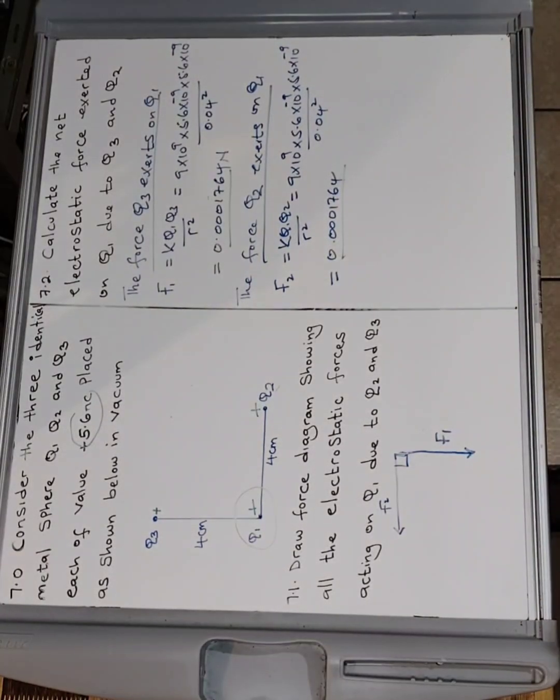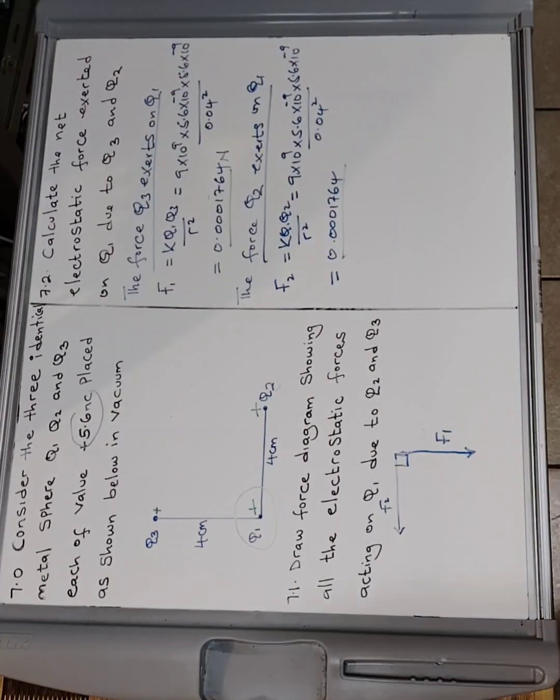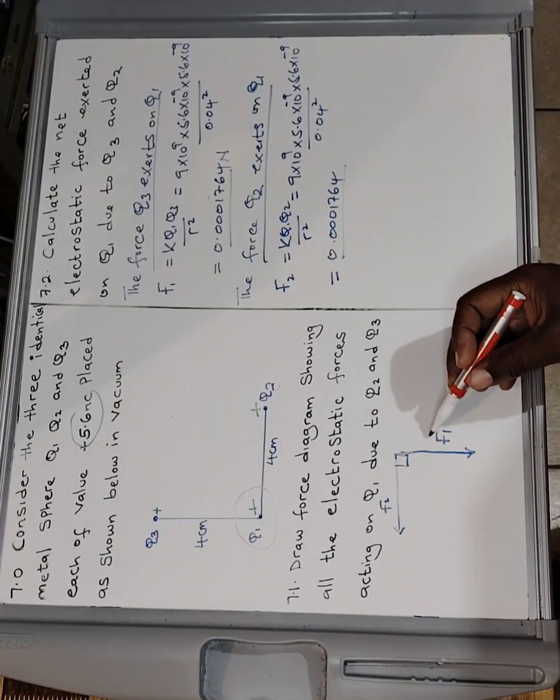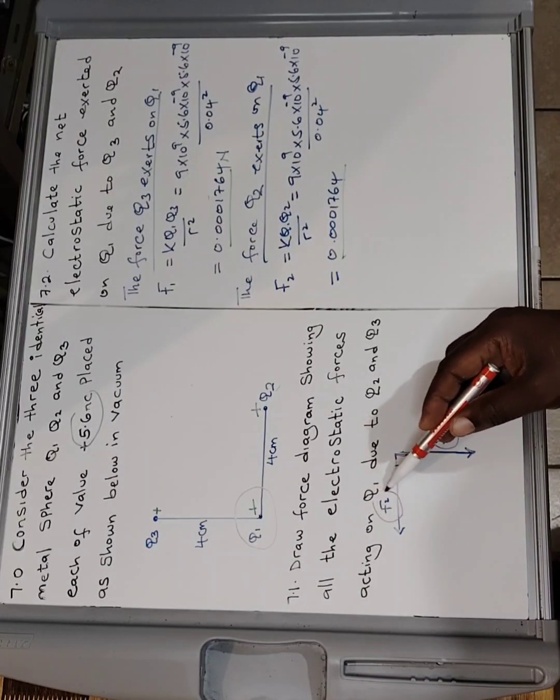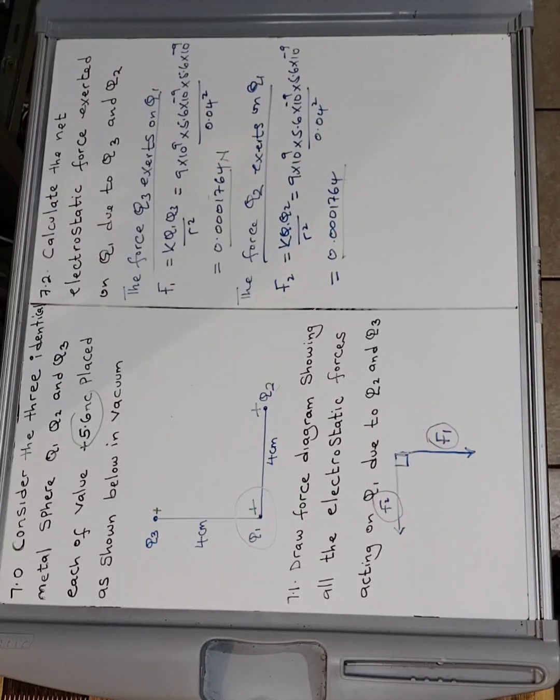Then you have to recall the directions of F2 and F1. They are acting at right angle to each other. So you apply Pythagoras to get the net force. Let's do that.